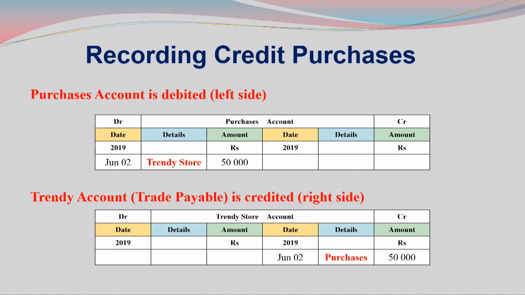Likewise, in the Trendy Store account, on the credit side, we record the date 2nd June in the date column. In details column, we write purchases, and in the amount column, we write 50,000 rupees.